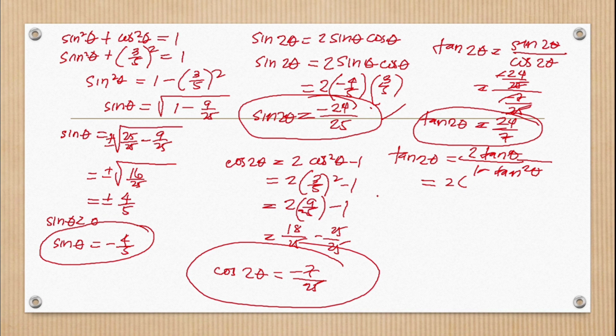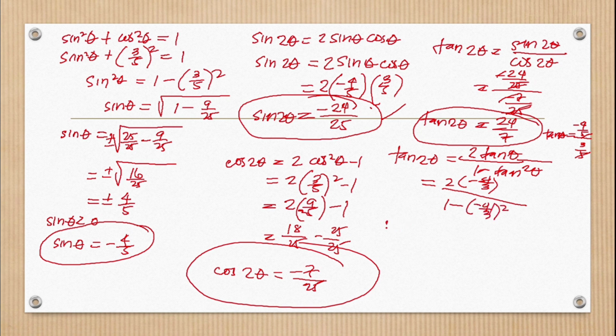Tangent theta is equal to sine, which here is negative 4 over 5, over the cosine, which is 3 over 5. So cancel here, and therefore we have negative 4 over 3, over 1 minus negative 4 over 3 squared.